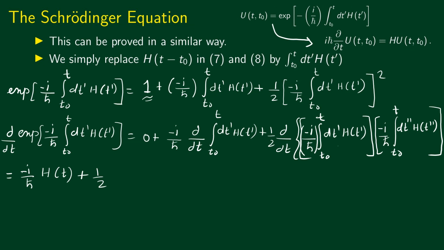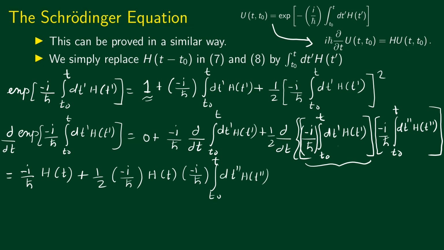This becomes 1 by 2, minus i by h bar. Again, let's take the derivative of the first term. Using the fundamental theorem of calculus, you get this as h of t, and the second term remains the same, minus i by h bar integral t0 to t, dt double prime h of t double prime.